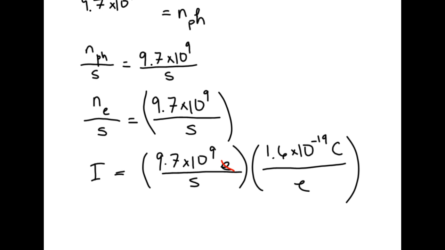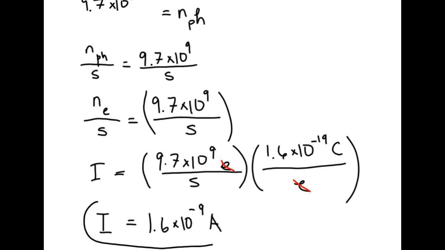So the e will cancel, and what I'm given at the end is coulombs per second, that's amps, and this calculates to about 1.55 or 1.6 times 10 to the negative 9 amps. That's how much current we get flowing off of the surface if every single photon is absorbed by a corresponding electron. And that's how you solve these problems.